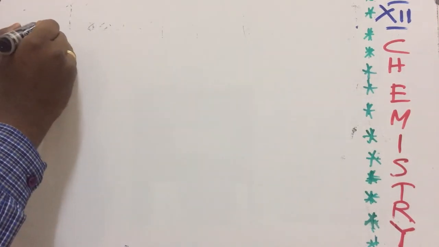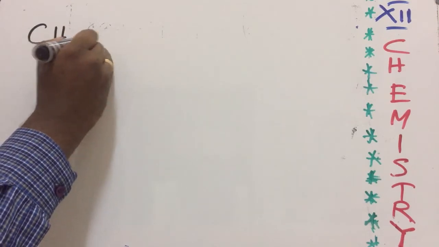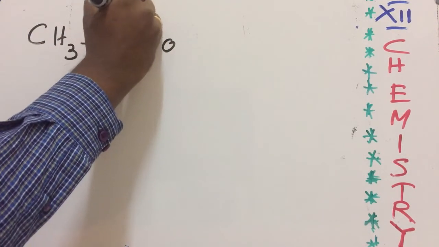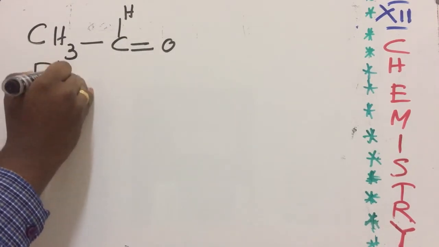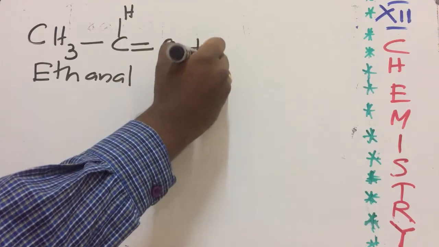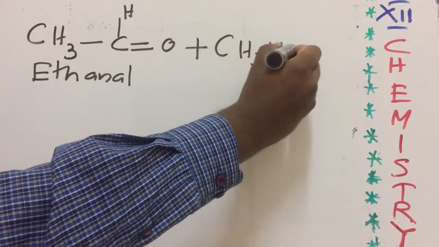In the previous reaction, the starting material is the aldehyde CH3CHO, and the name of the compound is ethanal. Clear? Then we took a Grignard reagent CH3MgBr.